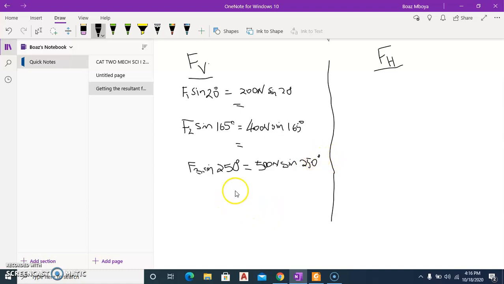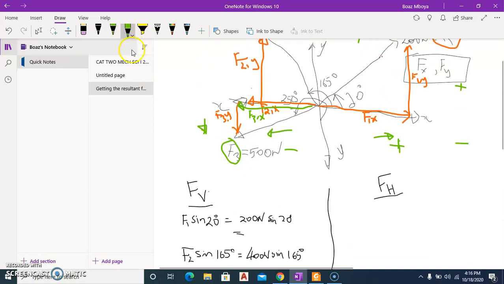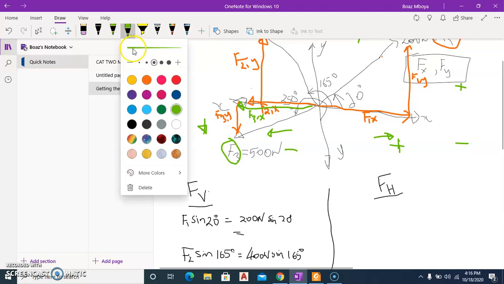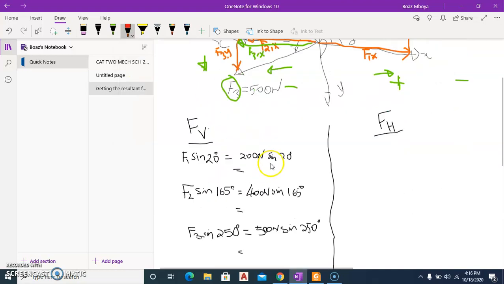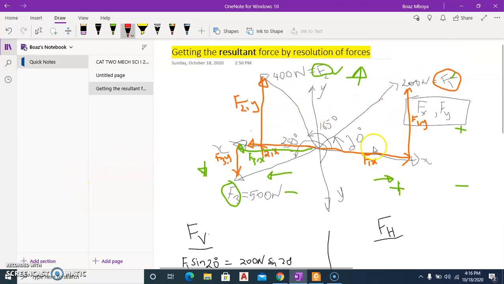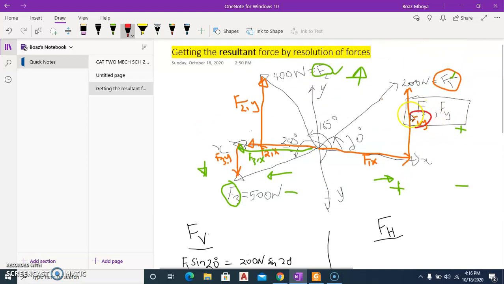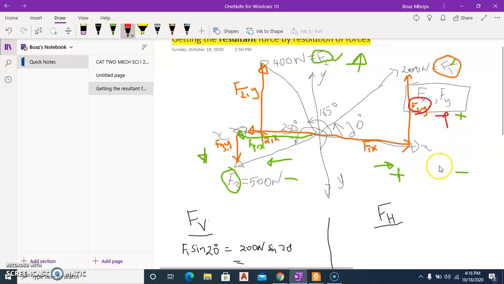So just as we had agreed, we have to look at the direction. So this will be positive. So look at this, F1 in the vertical direction. So this will be positive, okay?